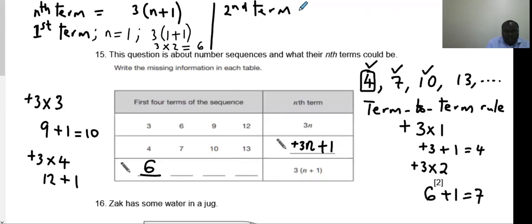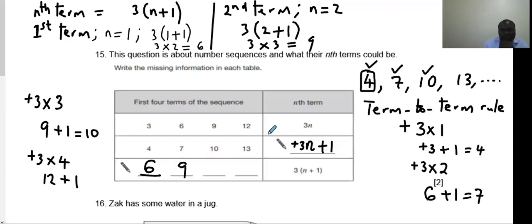The second term implies n equals 2. So in that case it will be 3 times 2 plus 1, which is 3. That makes 9. So you see that?